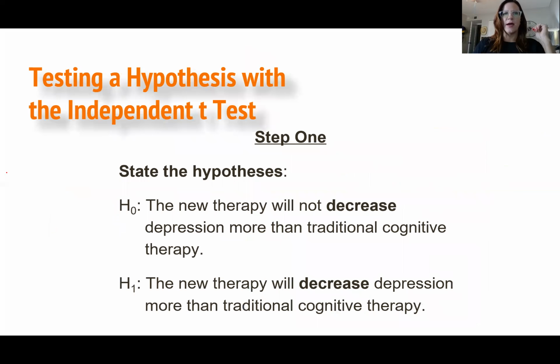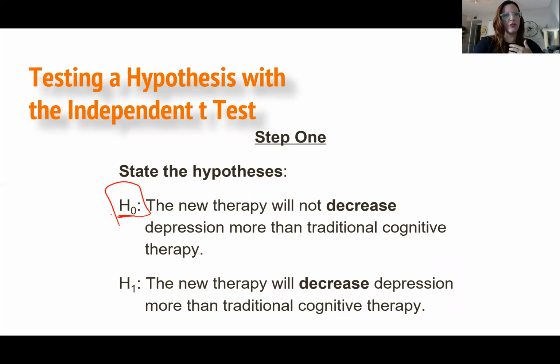So now we're going to go ahead and go through the steps. We have the hypotheses. The new therapy will not decrease depression more than traditional cognitive therapy. That's our null hypothesis. I am still seeing a lot of you students mixing these two up. If you are saying the new therapy will decrease and you have an H0, it's wrong.